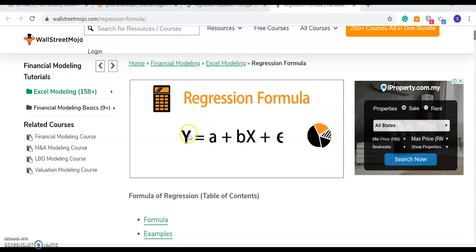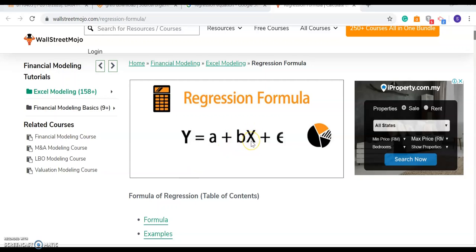So the regression equation is y equals a plus bx plus e. Y represents the dependent variable, a represents the constant term, b represents the beta, x represents the independent variable, and e represents the error term. So y in our case is the height of yellow Moranti, and a represents the constant term.